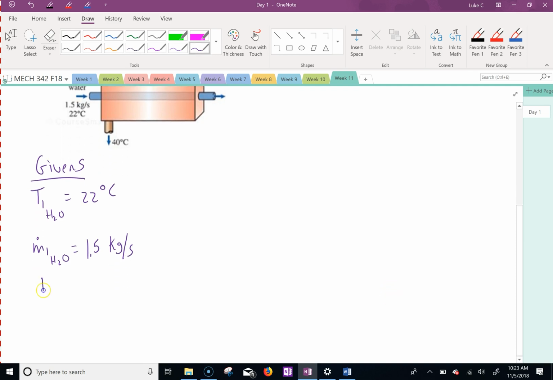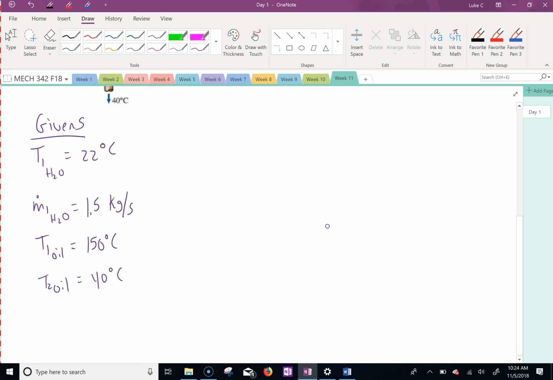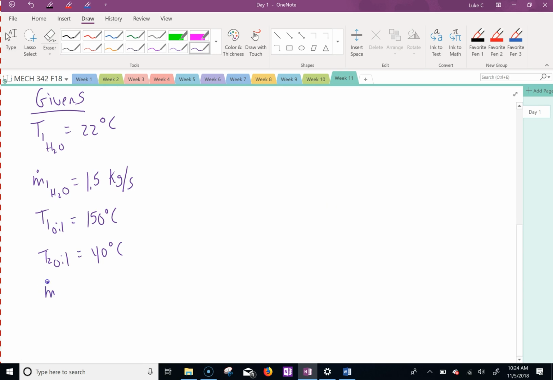Okay. T1 of the oil, 150 degrees C. T2 of the oil. So students have taken heat transfer. This should kind of look familiar. You probably did one of these problems.